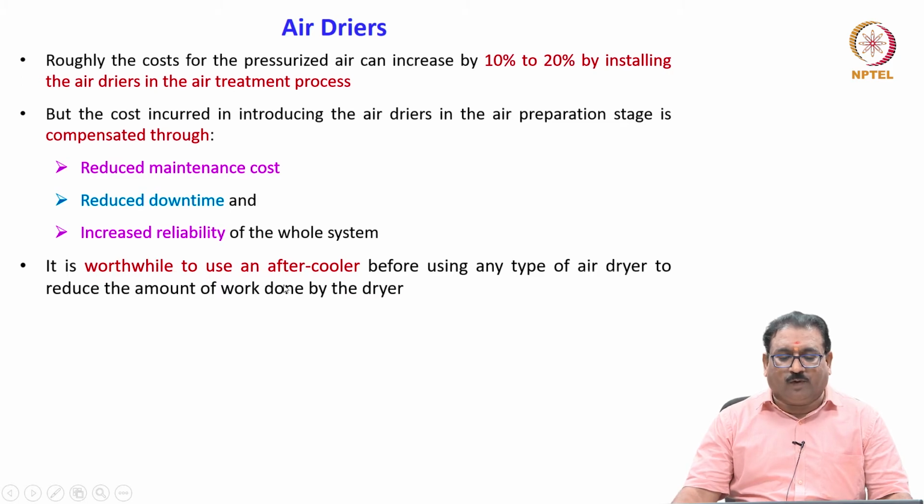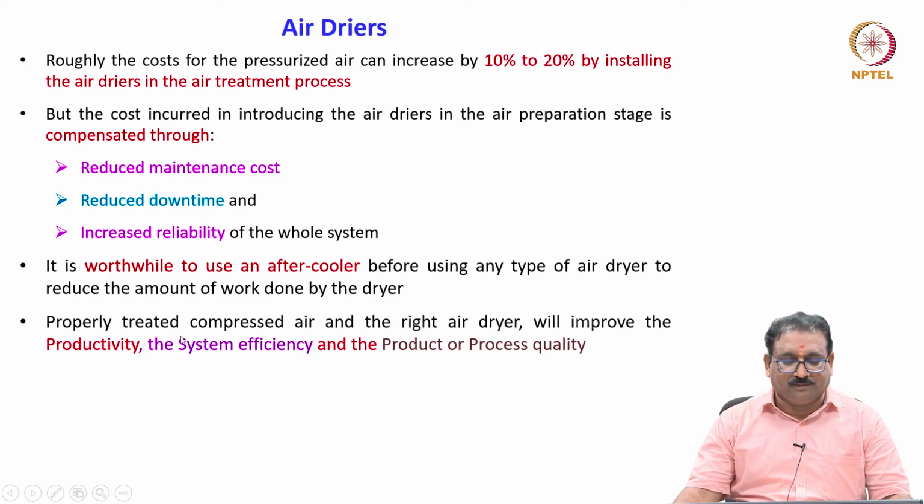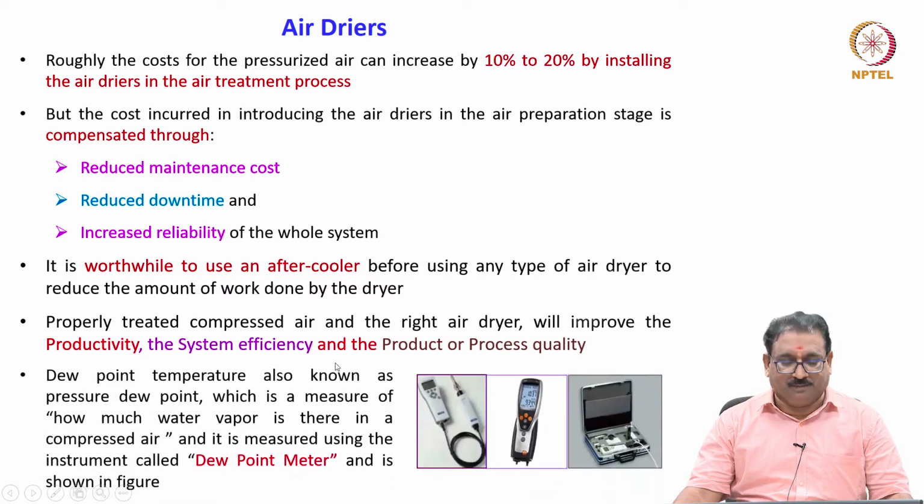It is worthwhile to use an aftercooler before using any type of air dryer to reduce the amount of work done by the dryer. Properly treated compressed air and the right air dryer will improve the productivity, the system efficiency and the product or process quality.